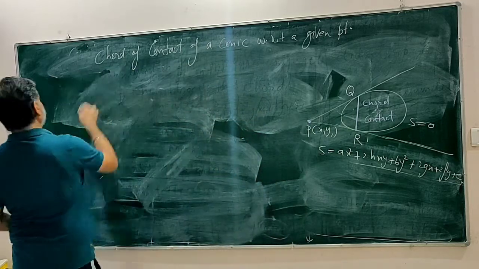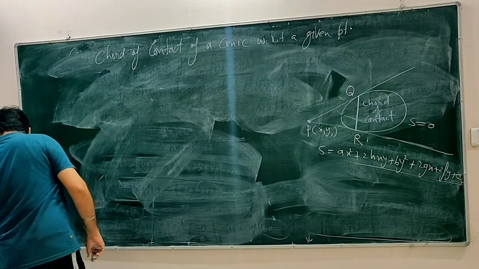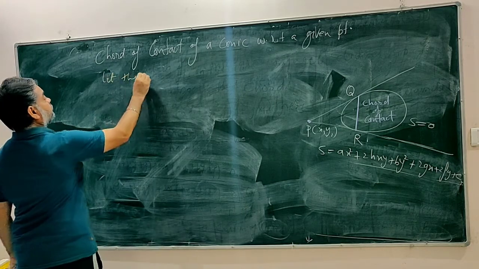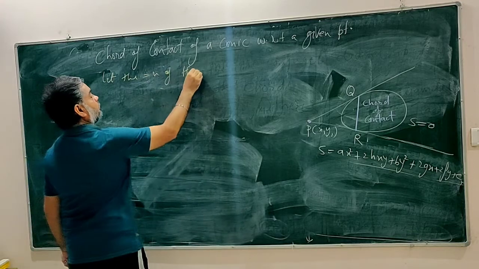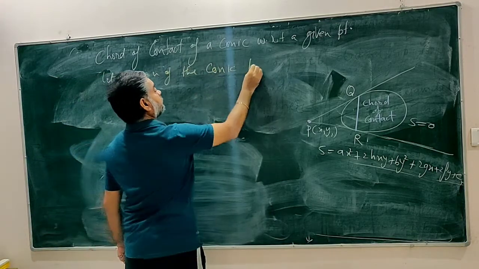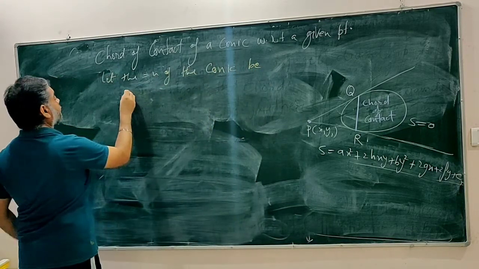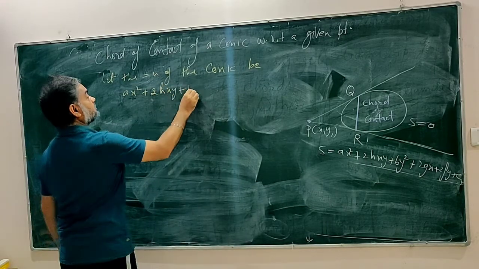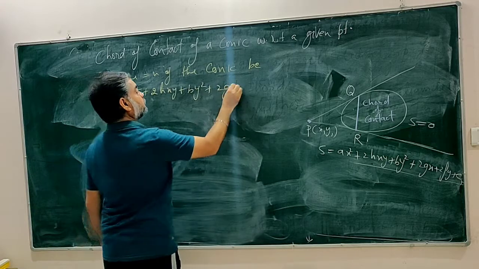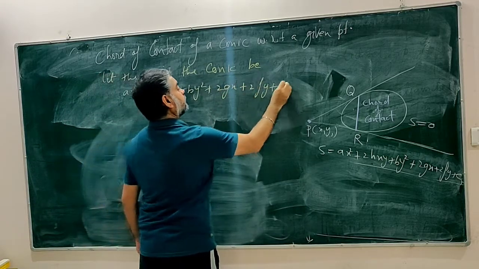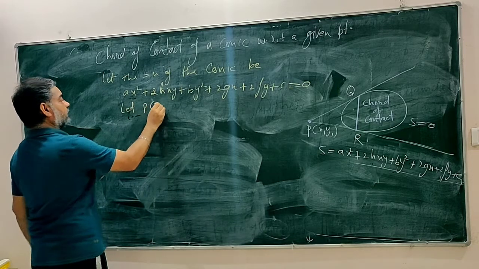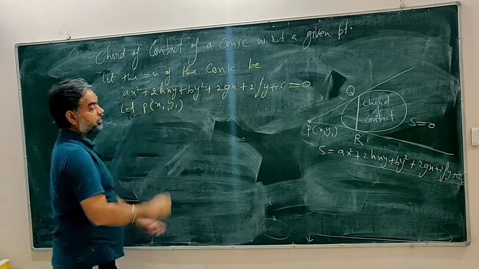So let the equation of the conic be ax square plus 2hxy plus by square plus 2gx plus 2fy plus c equal to 0. Let P(x1, y1) be the coordinates of a point.